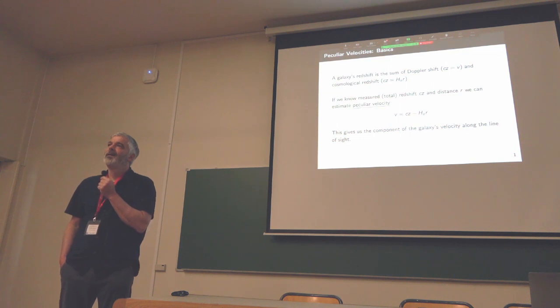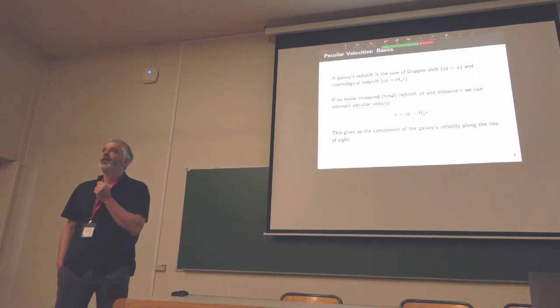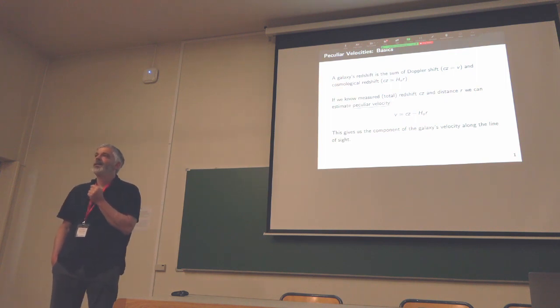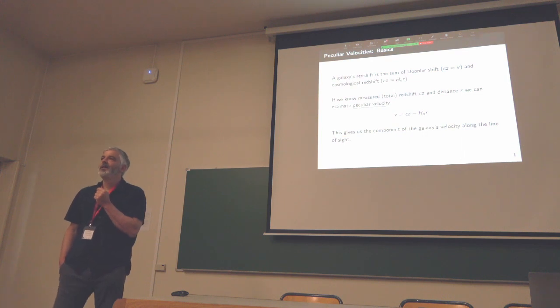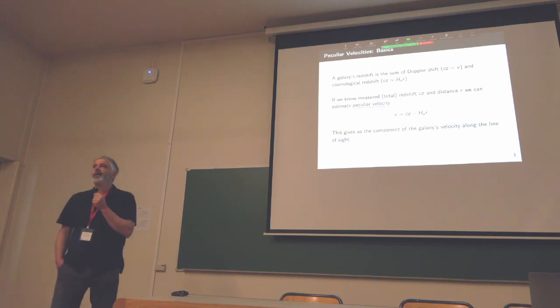But there's both classical motion effects that are going to be in z terms and time dilation effects, because the gravitational potentials that actually generate the bulk flow are also going to give you intrinsic effects in the photon propagation.